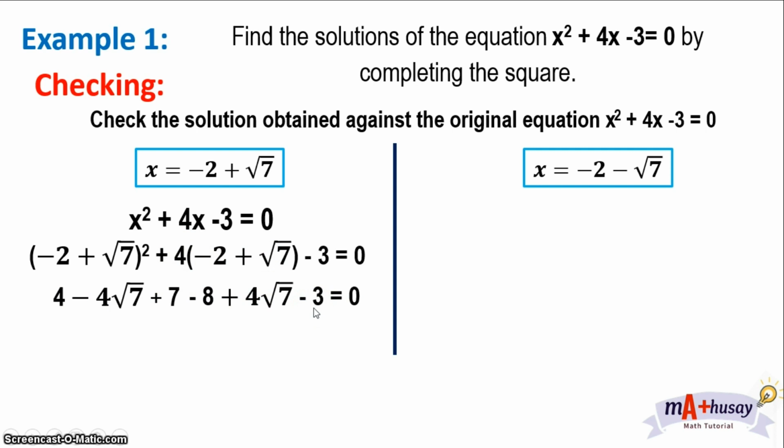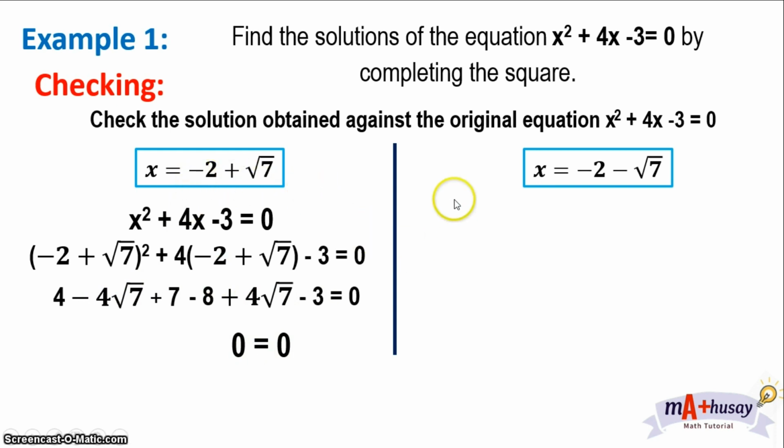When you combine 11 and negative 11, it is 0, so it cancels. Negative 4 square root of 7 plus 4 square root of 7 also leads to 0. So, the solution negative 2 plus square root of 7 holds true.